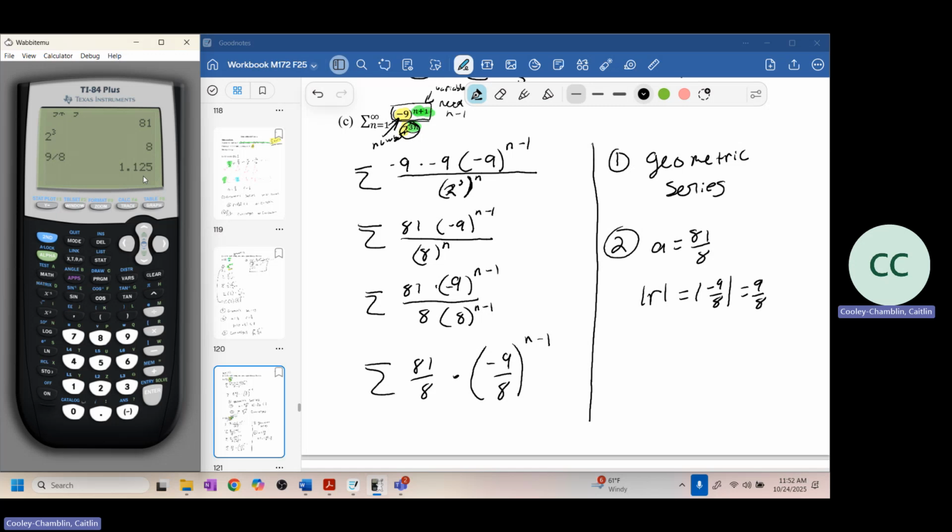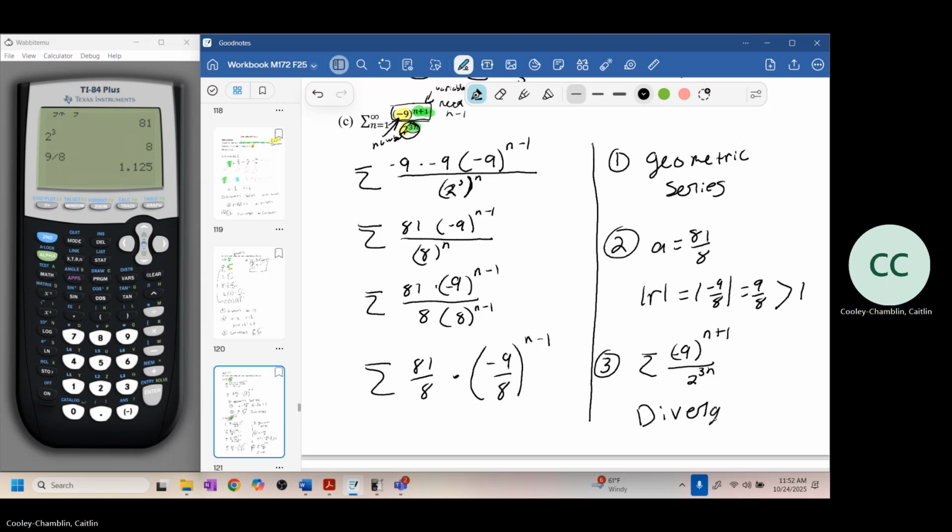That is larger than 1, so that is greater than 1, which is a problem. So step 3, the summation of -9 to the n plus 1 over 2 to the 3n diverges. It gets larger and larger and larger.